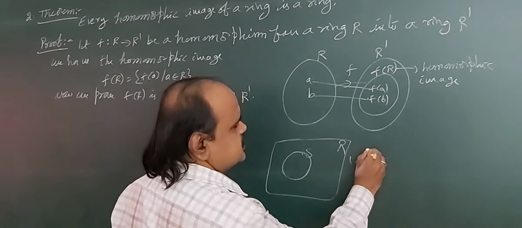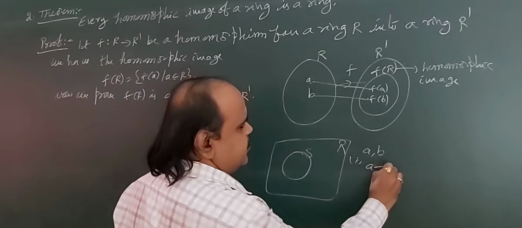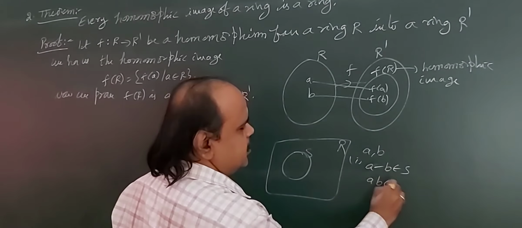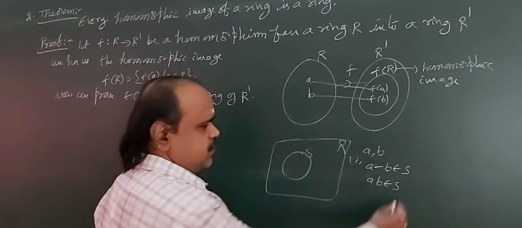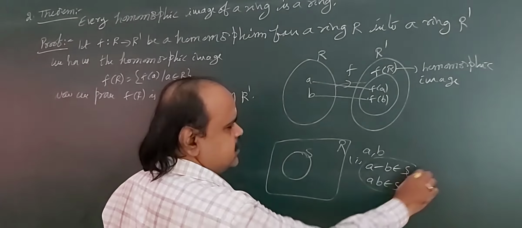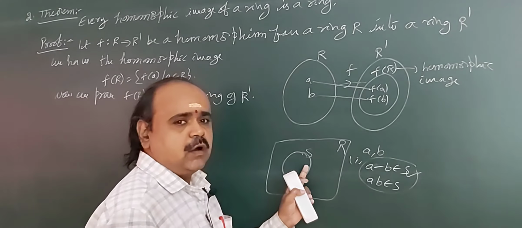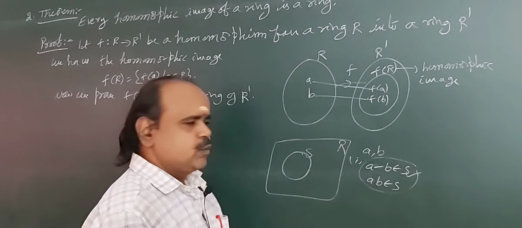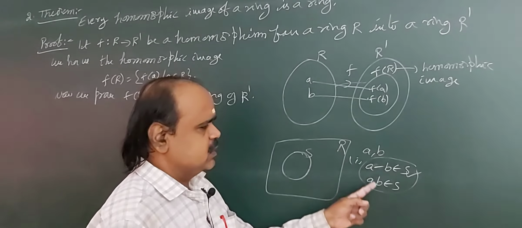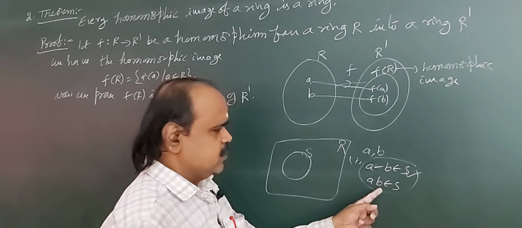For any two elements a, b, a minus b belongs to S and ab belongs to capital S. If these two conditions exist in capital S, then directly we call S a subring of capital R. To prove capital S is a subring of capital R, these two conditions are enough: a minus b belongs to S and ab belongs to S.